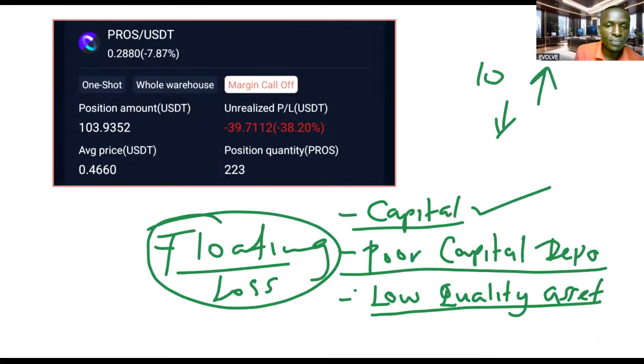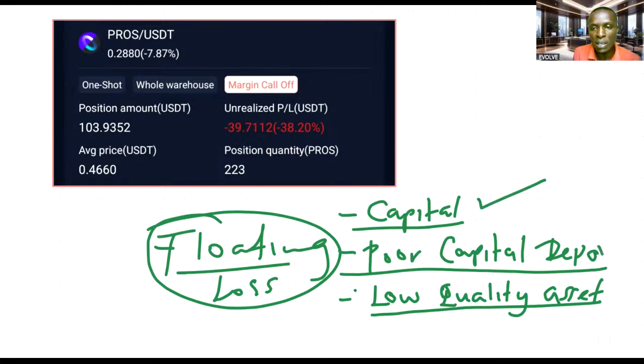Now, we've understood the reasons, the things that can cause you to stay in the market for an abnormal time. We have dissected the first one, capital, and how it affects this. Number two, poor capital deployment, how do we deploy our capital right? Number three, how do we get good quality assets?